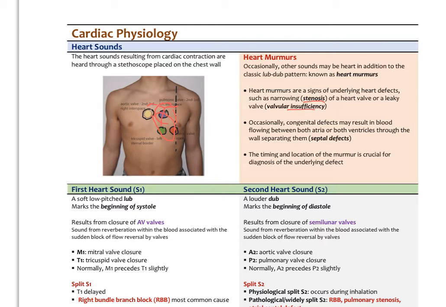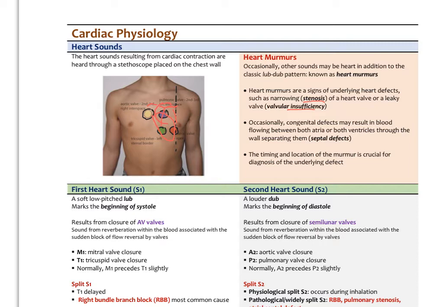Occasionally, remember we talked about the foramen ovale, which is normal in the fetus. It's a hole in the septum that separates the right from the left atrium. And the opening there allows blood to pass from the right to the left atrium, thereby bypassing the lungs in the fetus. So the blood flow doesn't go to the lungs.